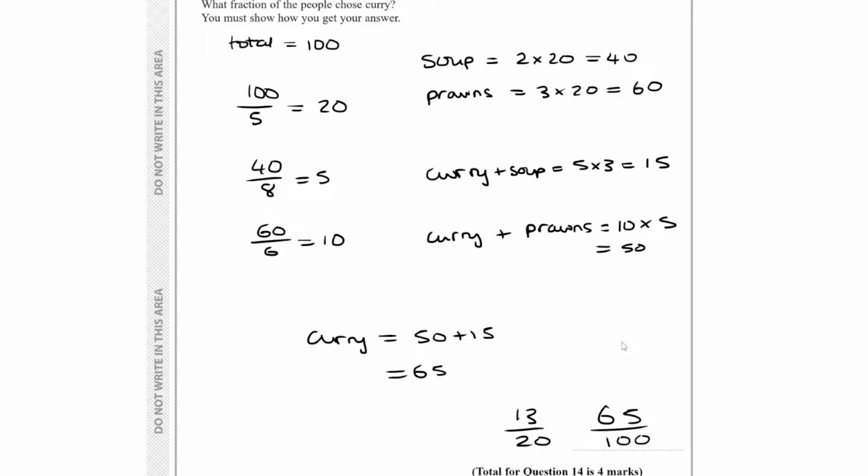Let me just check the comments again. No, this is not a predicted paper. This is actually one that people did. This was a November paper though, so the people who would have done this were retaking their exam.